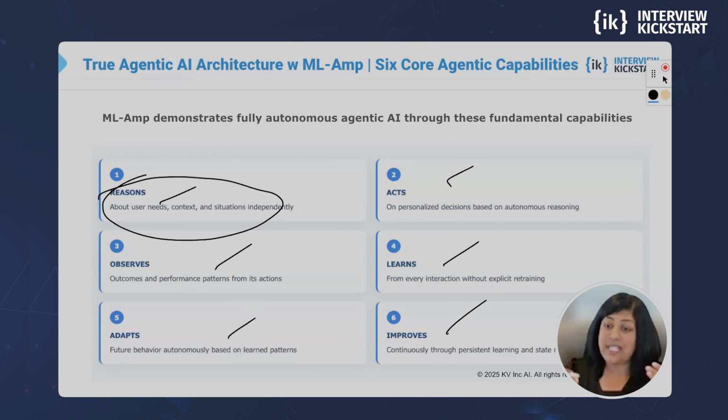Okay. And I'm using state management. I'm using persistent memory to manage state, as well as session state information. What does that mean? We'll get into it in a little bit. And I'm adapting the next question or the next practice session for Dipti or Dipti's friend autonomously, based on patterns that ML AMP is learning.